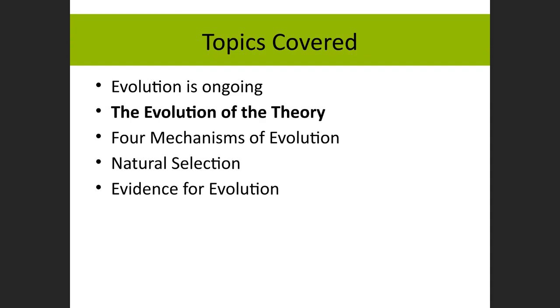So now we're going to have a historical journey here, looking at all of the different ideas that people had over time on how organisms could change, or whether they changed at all. And then we'll get into how evolution works.